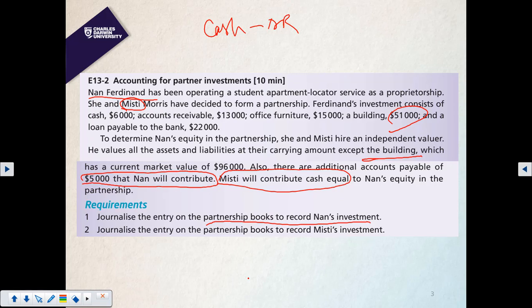Is that okay? Cash debit, accounts receivable debit, and then furniture debit. Yes, you need to write. It's a journal entry.